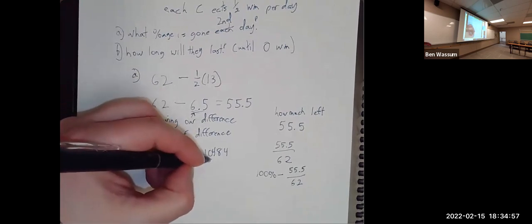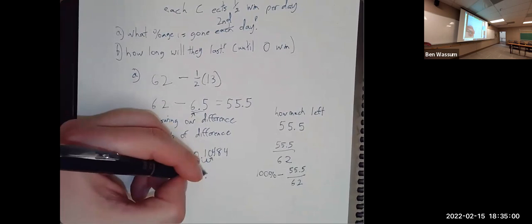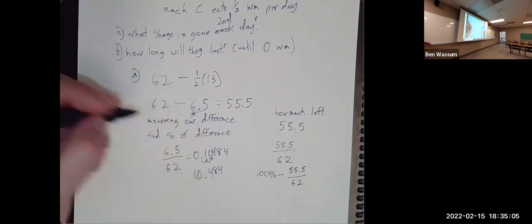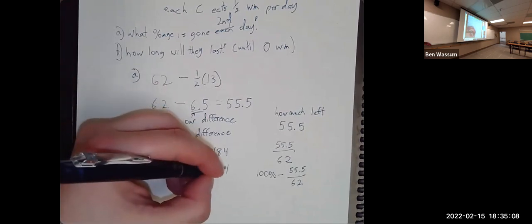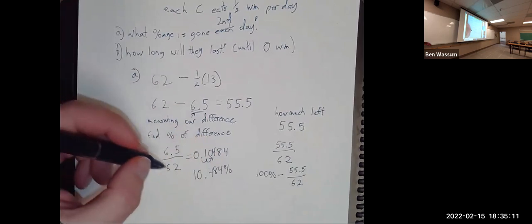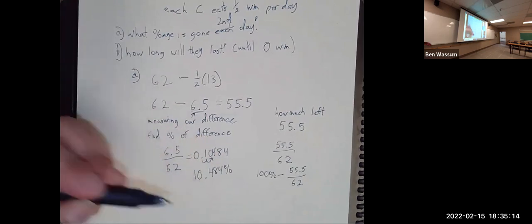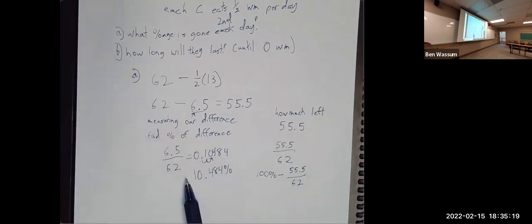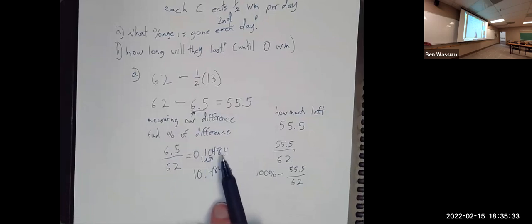So that guy's going to go over 2 decimals, and I would have 10.484%. Depending on how I might do it, I might round that to 10.5. In this particular case, I'm not too worried about it, but depending on your word problem, it might say, oh, round to the nearest thousandth, round to the nearest tenth, round to the nearest integer. So just be careful of that. And that again is why I don't round until I hit the point where I have my percentage already. So if I round up here, I'm going to be rounding to 2 digits that I'm not accounting for yet.